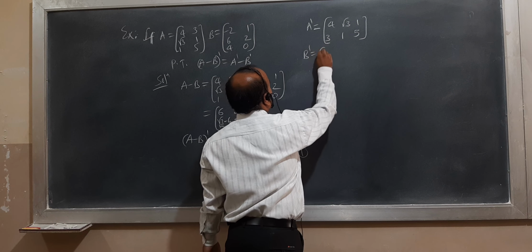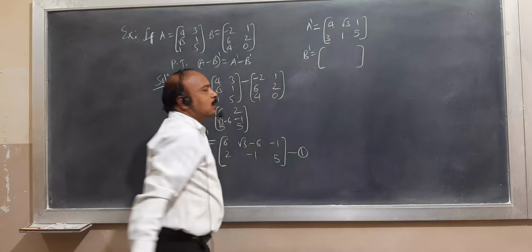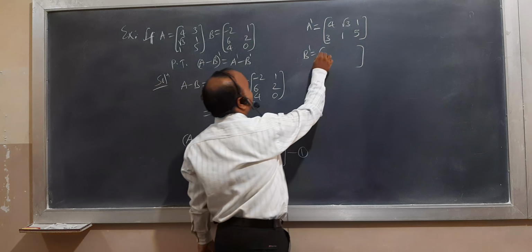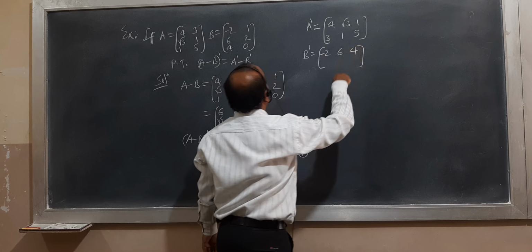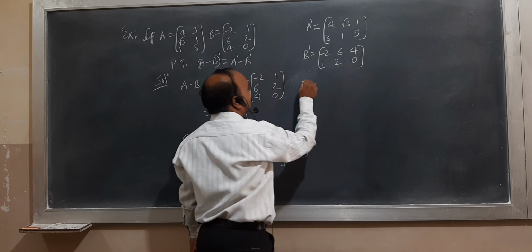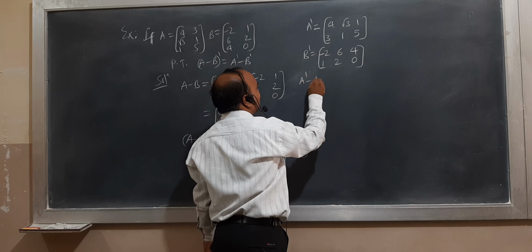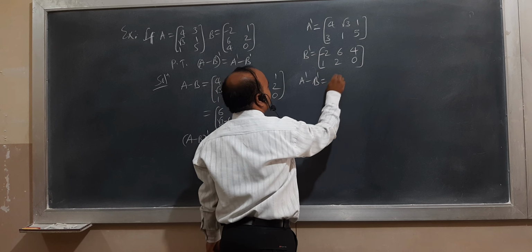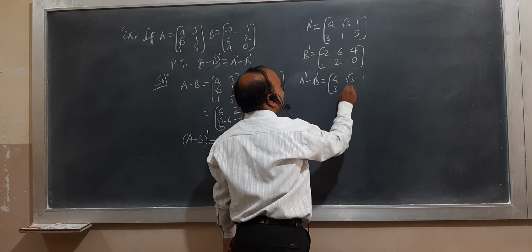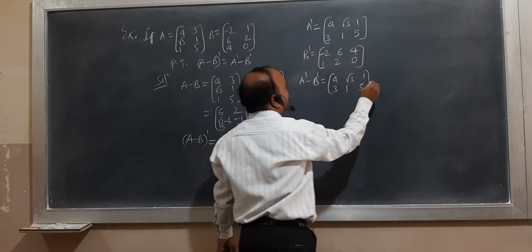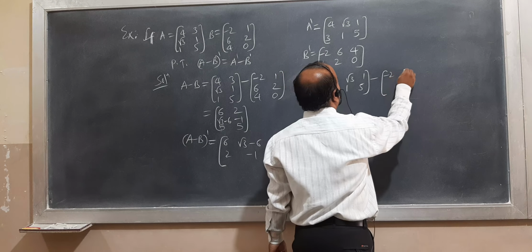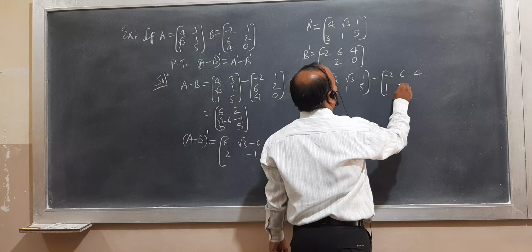B dash is given by transpose of B, that is minus 2, 6, 4, second row is 1, 2, 0. Next we go for A dash minus B dash. A dash is [4, root 3, 1, 3, 1, 5] minus B dash is [minus 2, 6, 4, 1, 2, 0].